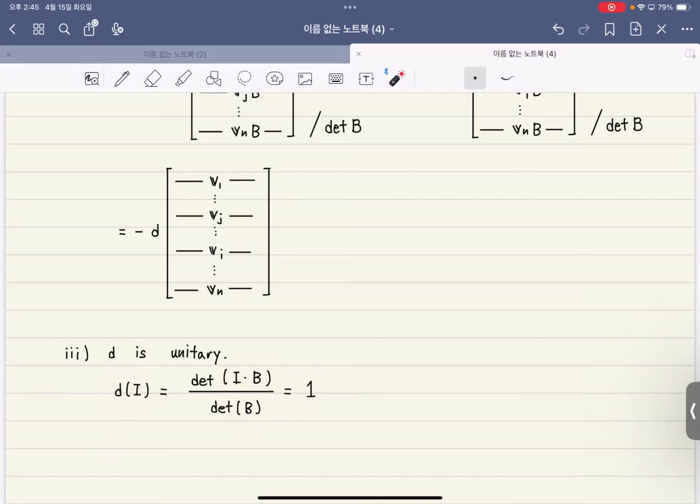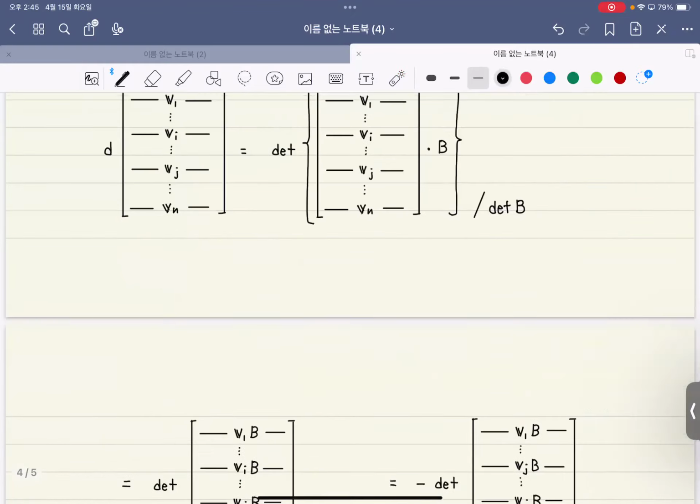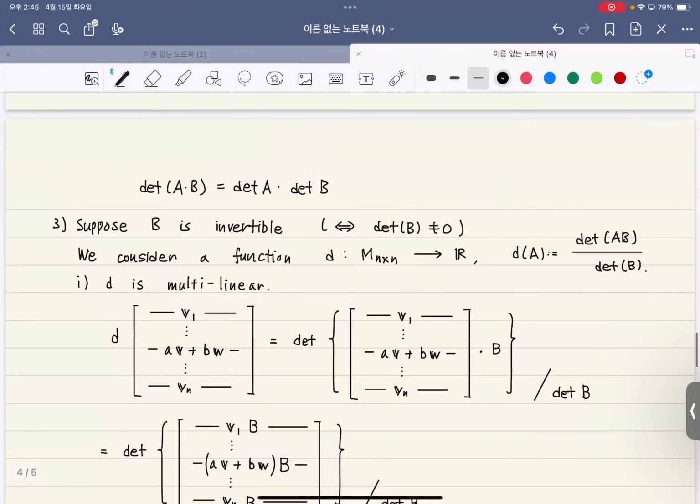Great. So we have defined a function like this, but it turns out this function is actually the determinant.